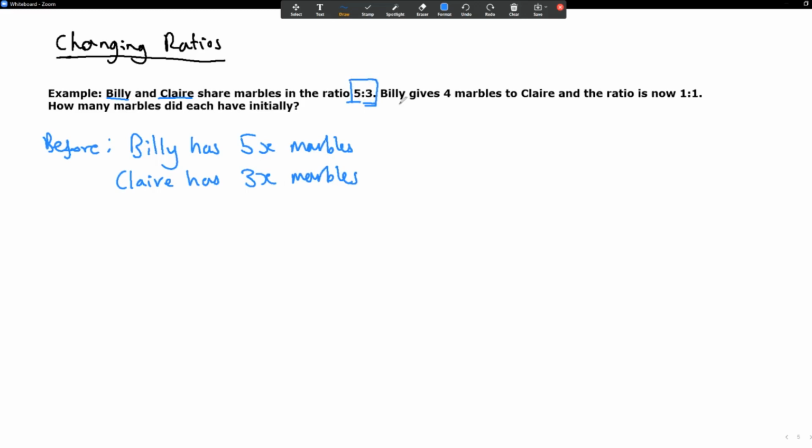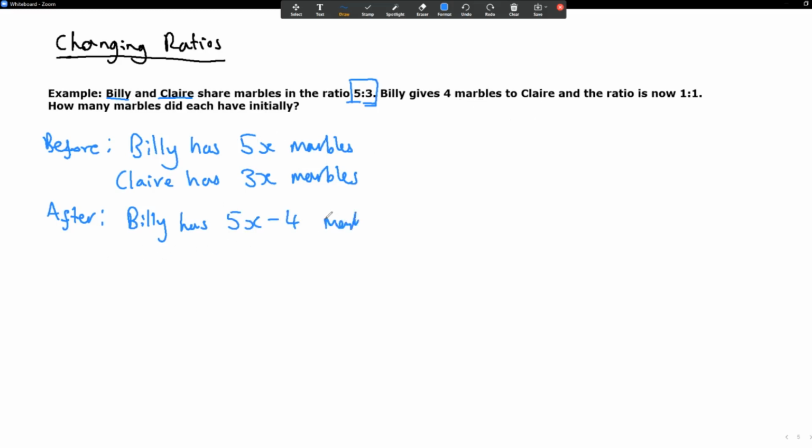So now we say that after Billy gives 4 marbles to Claire, we know that now Billy has the marbles he had before minus 4, because he's lost 4 marbles to Claire.